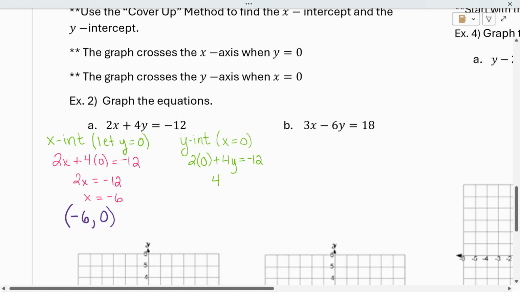So I really have 4y equals negative 12, which means y equals, when I divide both sides by 4, negative 3. Y equals negative 3. So this is the ordered pair 0, comma, negative 3.